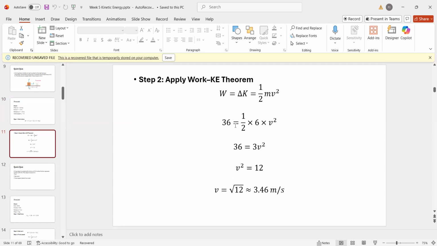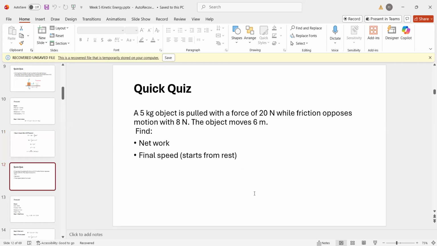So now I know my work done, and then I have my mass, so I can find the velocity. So you're able to have this, you should arrive at 3.46, anything close to 3.5, you should be right.